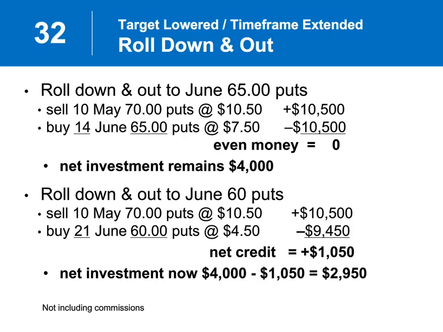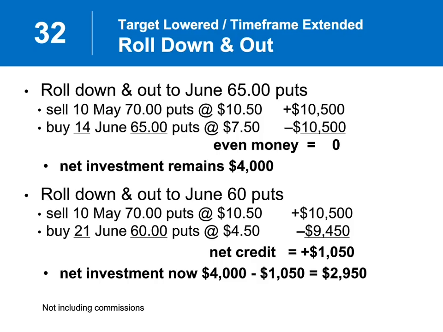Another choice would be, again, for more leverage. We are more bearish, but with that, we get lower break-even points. The stock sits for a while. We've got greater theta. But if we roll down to the June 60 puts, we take in that $10,500 by selling the 10 May 70 puts at 1050, and by rolling to the 60 puts that trade for 450, the June 60 puts, it gives us an opportunity to more than double the number of contracts.